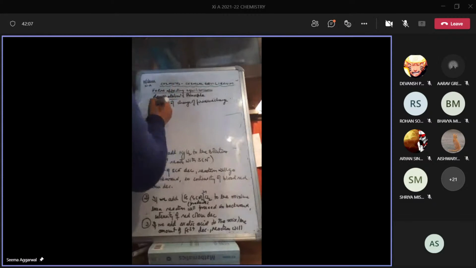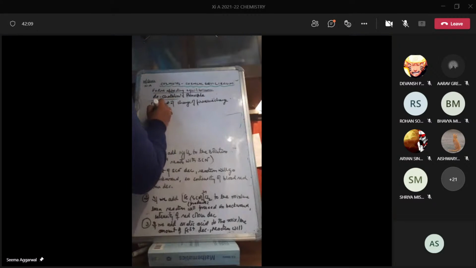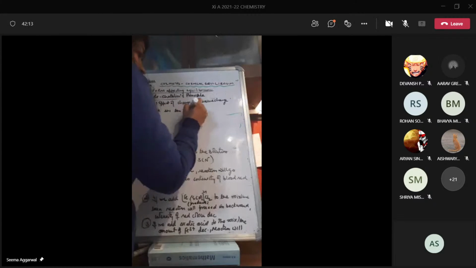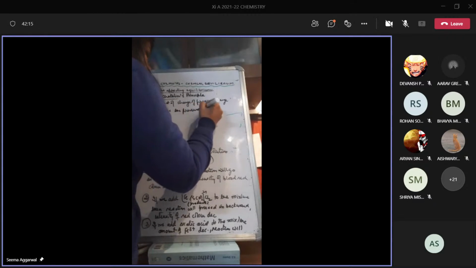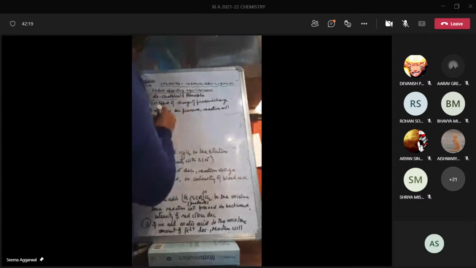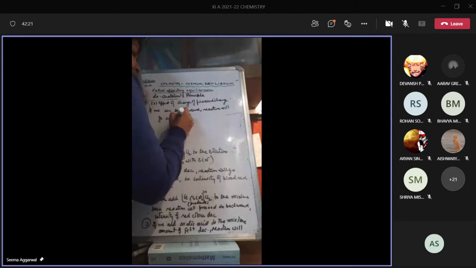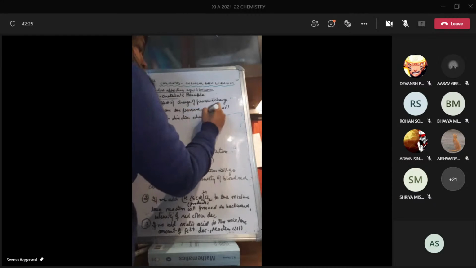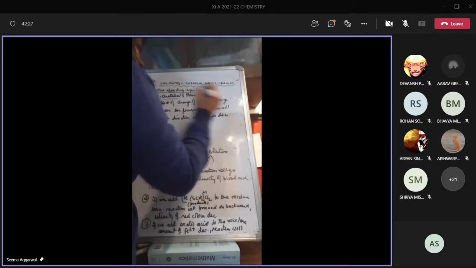So if we increase the pressure, if I am taking a general reaction, the reaction will go in the direction where pressure is decreased.